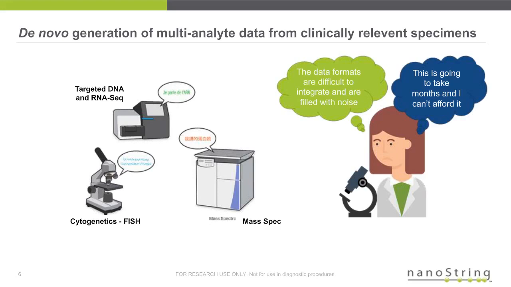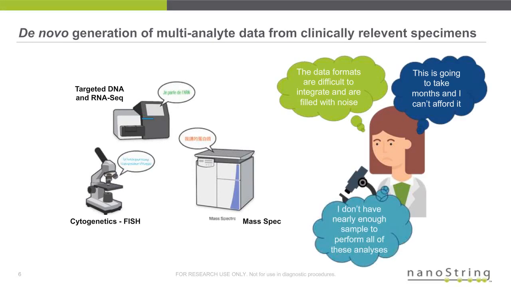They're oftentimes filled with lots of noise. You typically need a team of bioinformaticians and statisticians to try to pull that data together. But I think even more importantly than those two items is the fact that oftentimes you just don't have enough sample to look at RNA, protein, and DNA, for example, from a very small amount of sample.